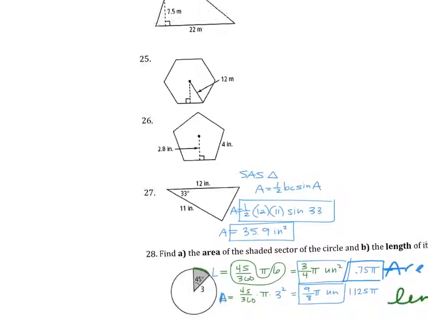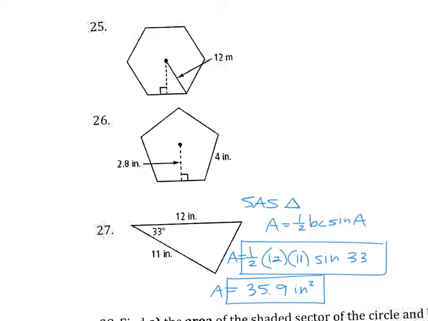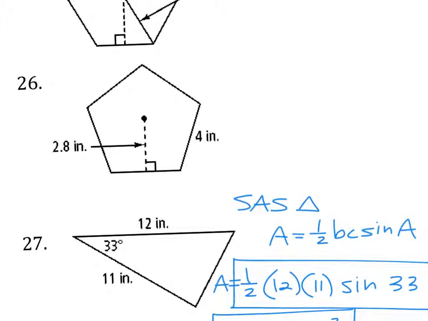26. All right, so this is a regular polygon. You're going to do 1/2 AP. So your apothem is this line, which would be the 2.8. And then your perimeter, you have a 4 for the length of your side.